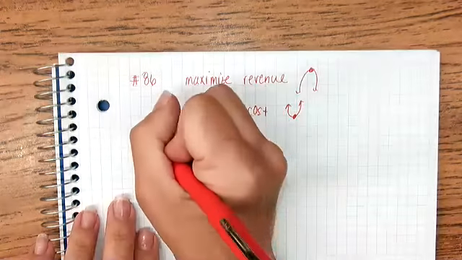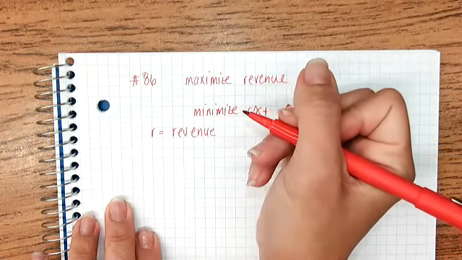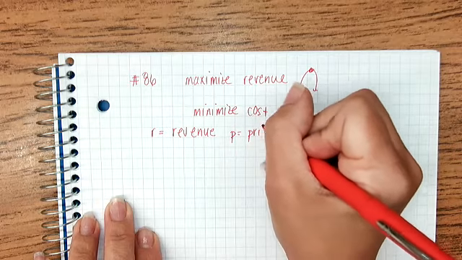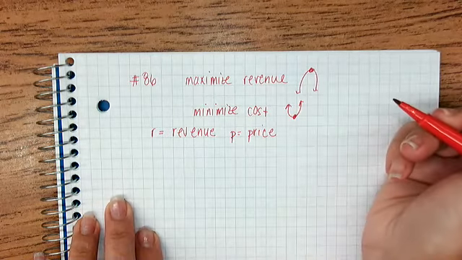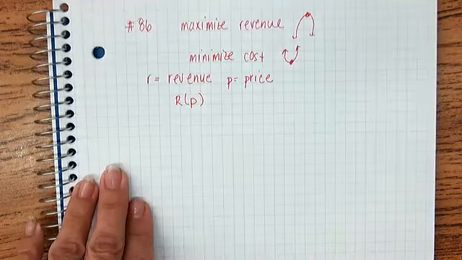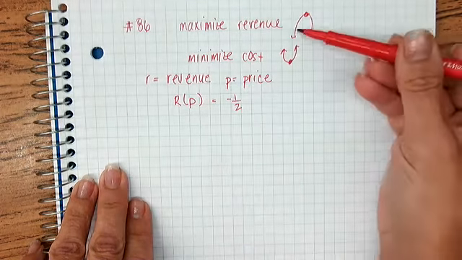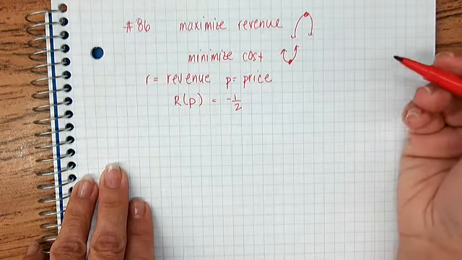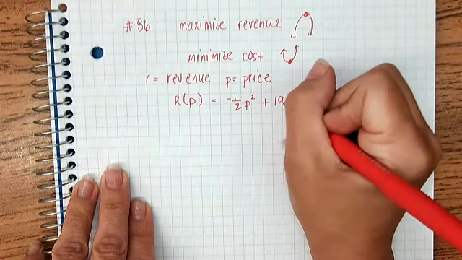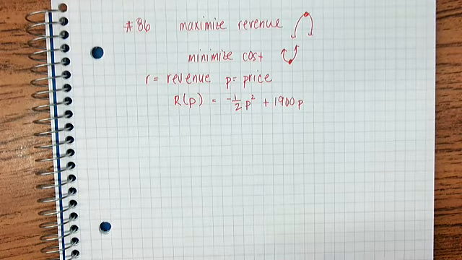Okay, so R is equal to the revenue of the price P. And the function they give you is the revenue as a function of price is equal to -1/2 P squared plus 1900 P. There's your negative, upside down parabola.